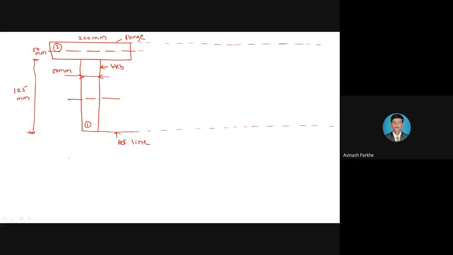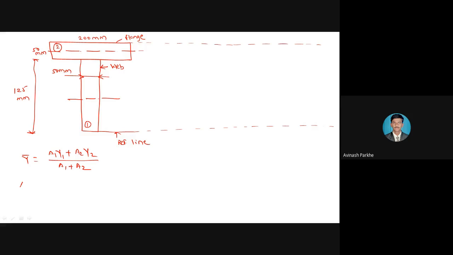Therefore here it is not possible to use the direct formula y bar is equal to capital D divided by 2. So for that purpose we have to use the bigger formula: y bar is equal to A1 Y1 plus A2 Y2, because only two sections are there, divided by A1 plus A2.